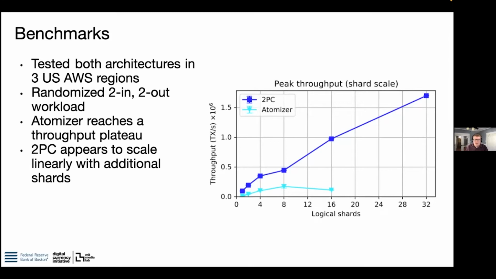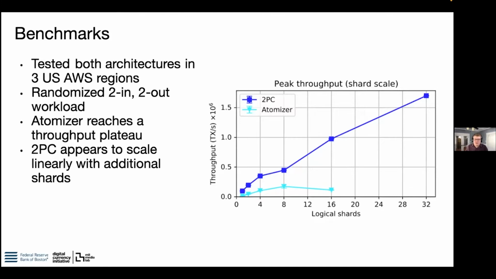So we used to benchmark the system a randomized 2-input, 2-output workload. We generated millions of transactions where we're spending 2 inputs that were previously created and creating 2 new outputs, to keep the total number of outputs in the system balanced over the course of the test.